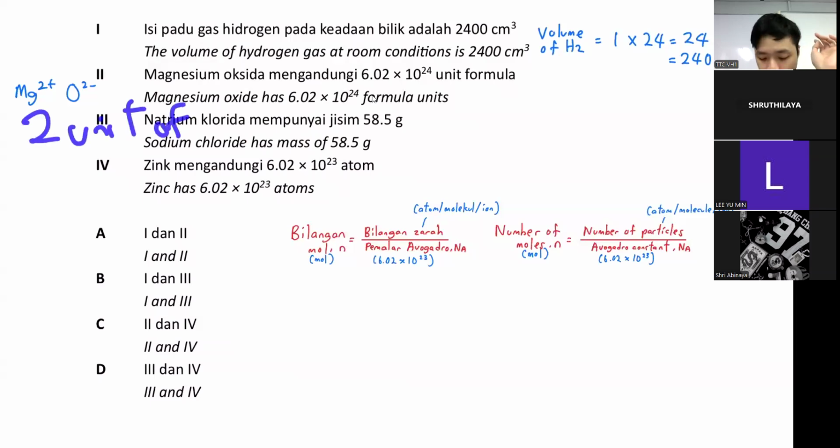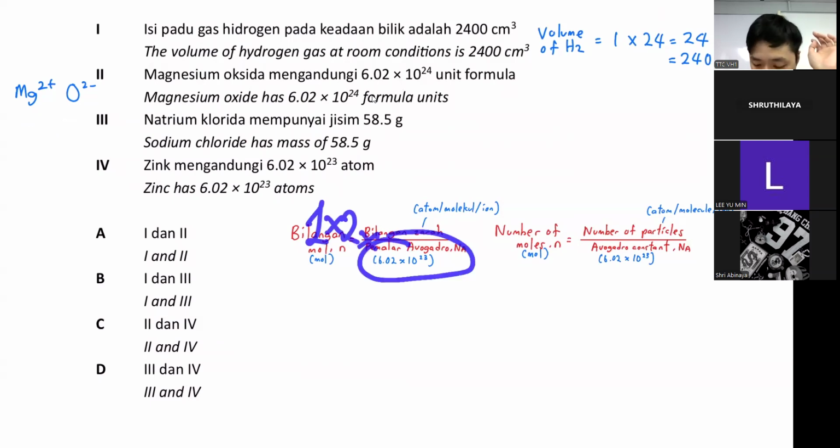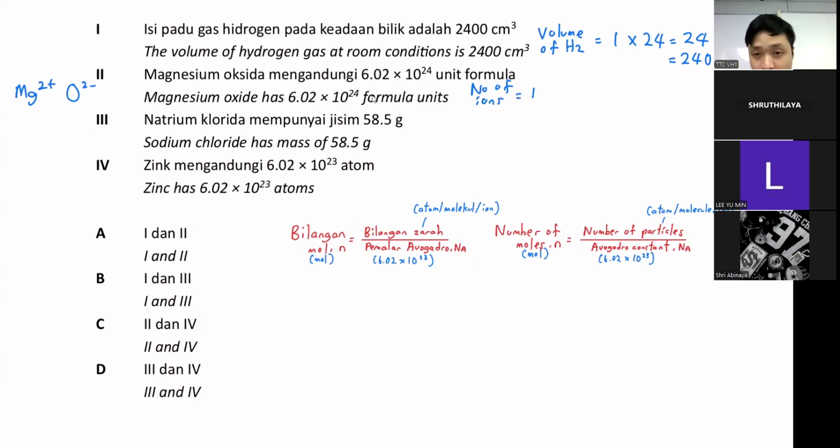So it means you will get 2 ions per unit. So you have to times mole is 1, but you times 2 ions, then times 6.02. It means the number of ions equals number of mole, 1, times 2 ions, times the Avogadro constant, 6.02 times 10 to the power of 23.